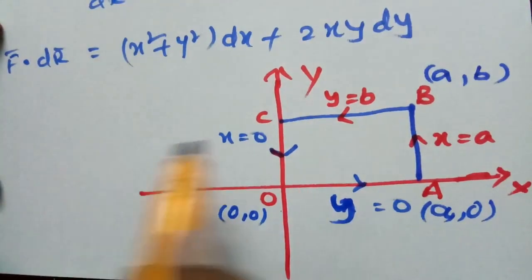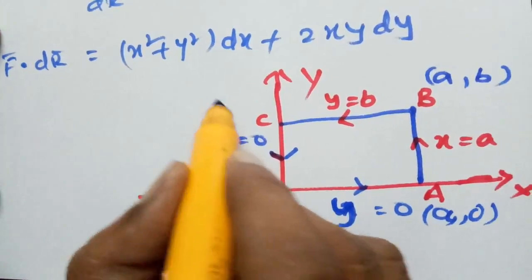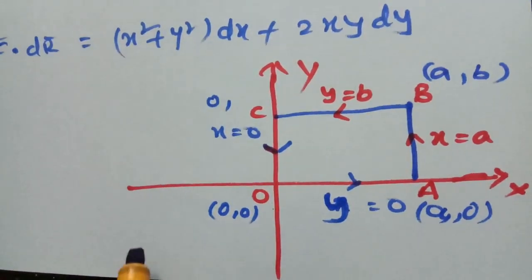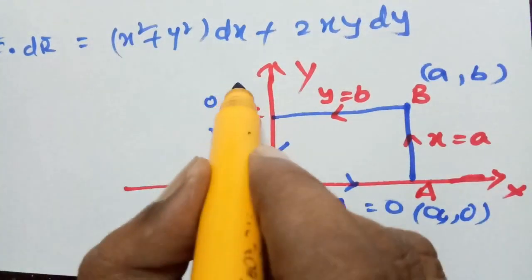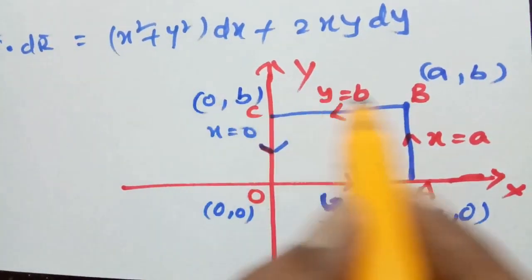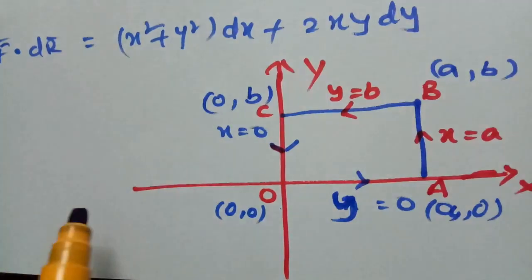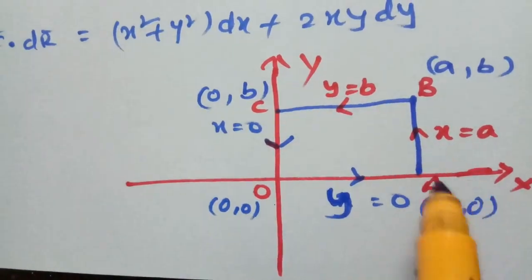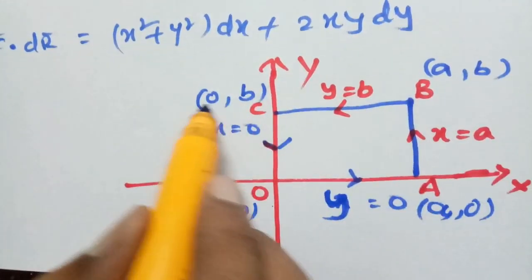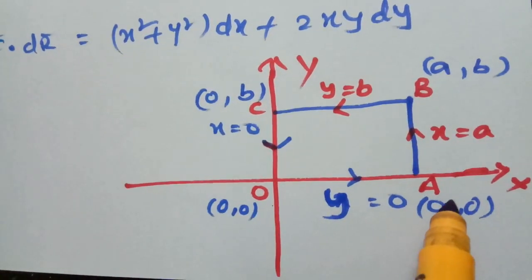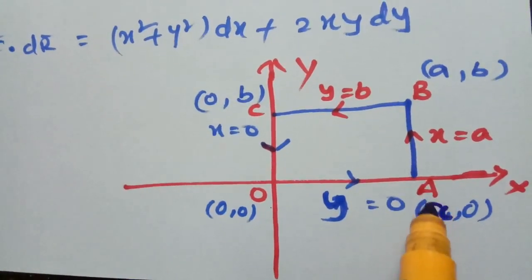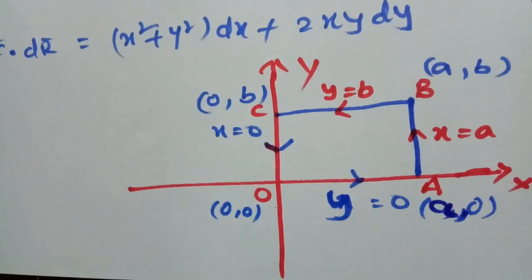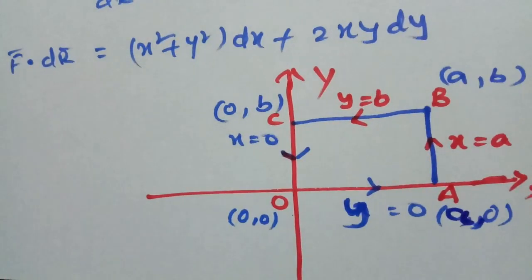Here C has x coordinate 0 and y coordinate b. Therefore the points are O (0, 0), A (a, 0), B (a, b), and C (0, b). These are the coordinates of the points A, B, C, O.